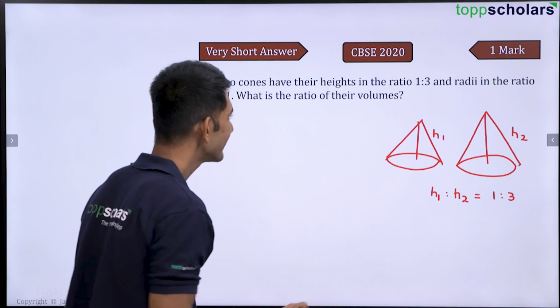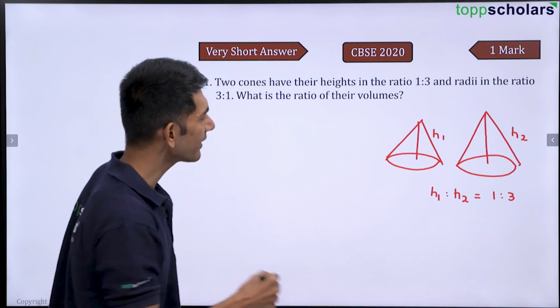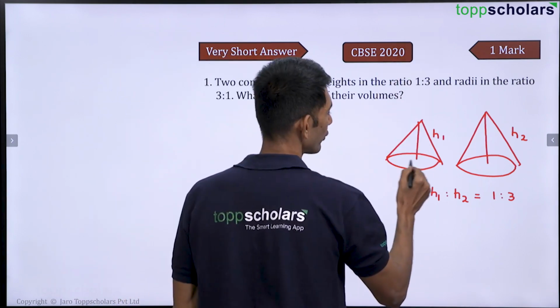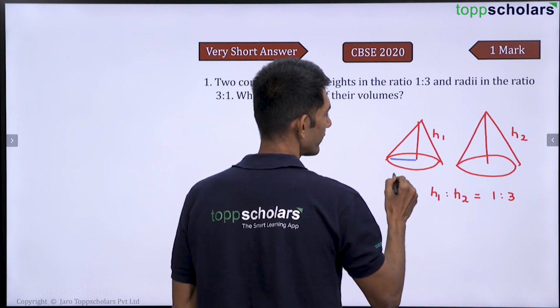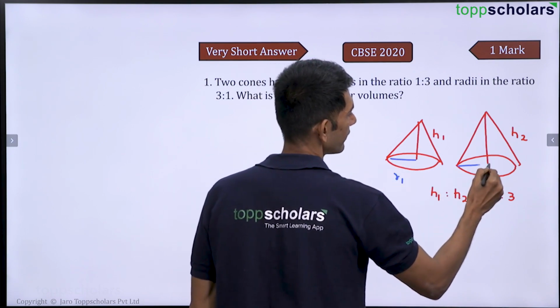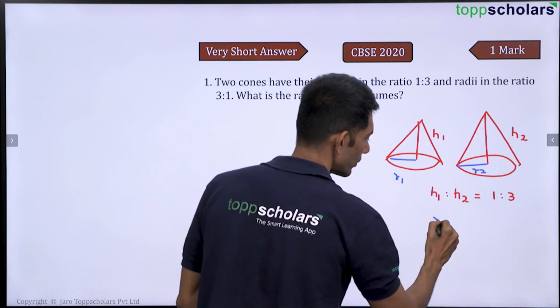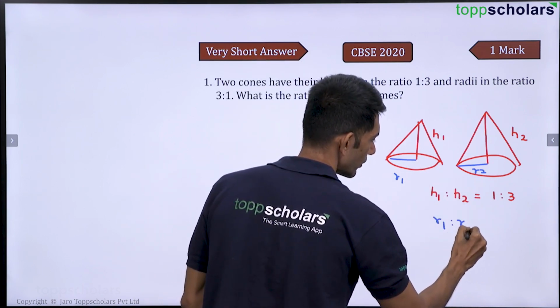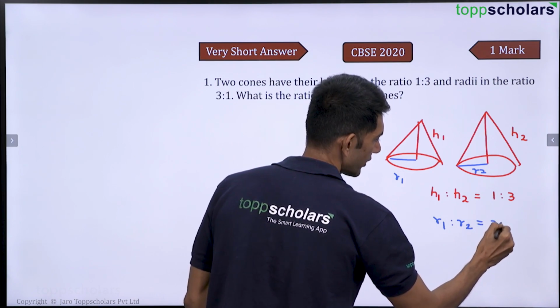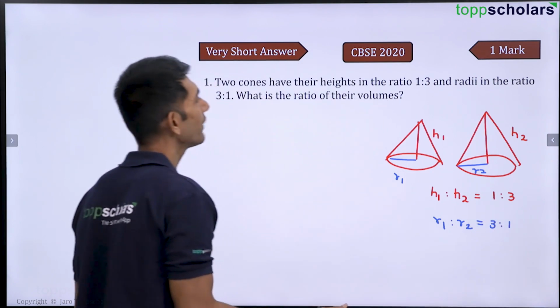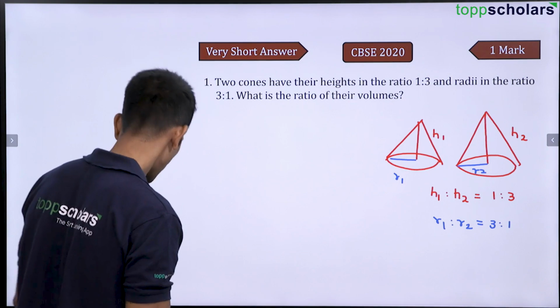So the ratio of the heights is given and the ratio of the radii is also given. If this is R1 and this is R2, it is given R1 is to R2 is 3:1. We are supposed to find out the ratio of their volumes.